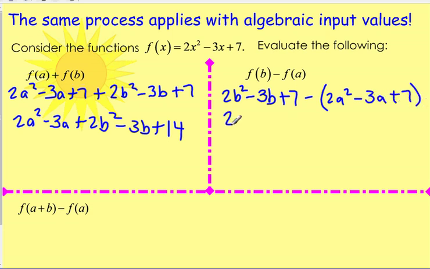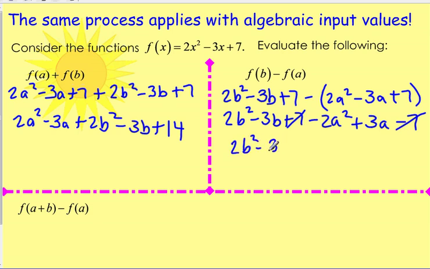So we're going to have 2b squared minus 3b plus 7 minus 2a squared plus 3a minus 7. Those 7s are going to cancel, so we're just going to have our variables. So we're going to have 2b squared minus 3b minus 2a squared plus 3a. Okay, again, still different than f of b minus a.